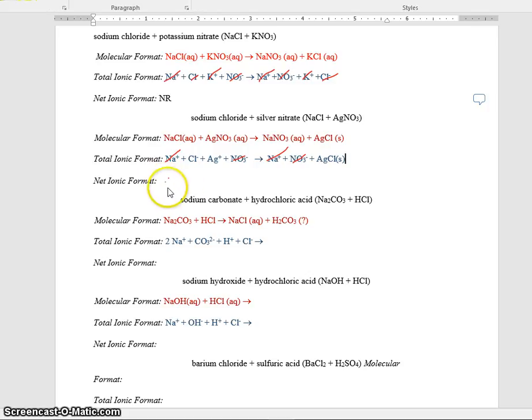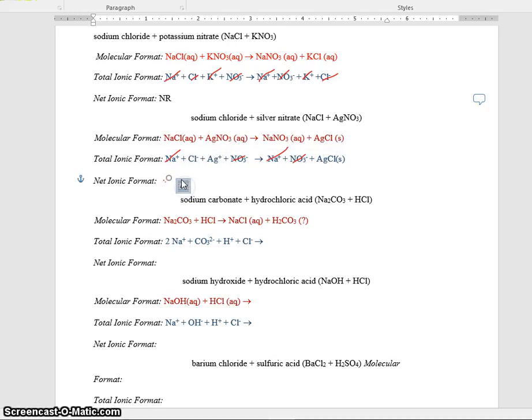written down here, is going to be Cl minus plus Ag plus.